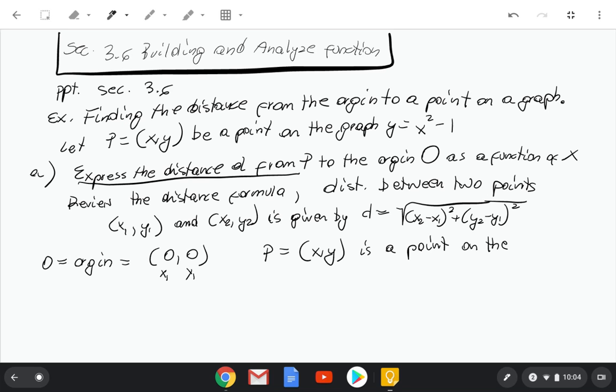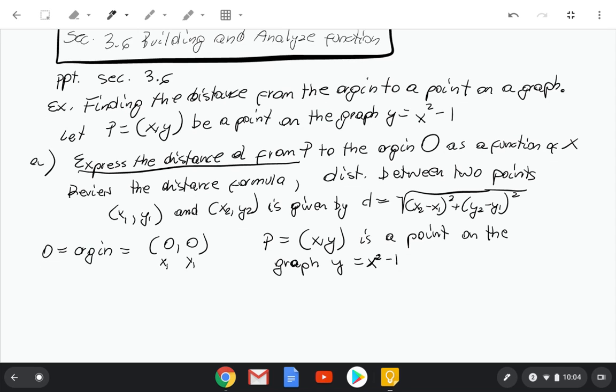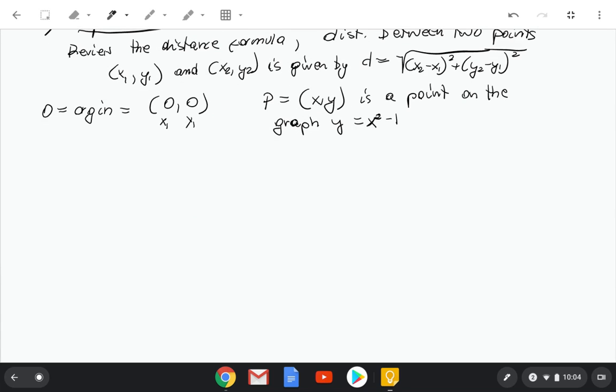So P is a point on the graph y equal x squared minus 1. Okay, y equal x squared minus 1. So think about creating a table of values, okay?